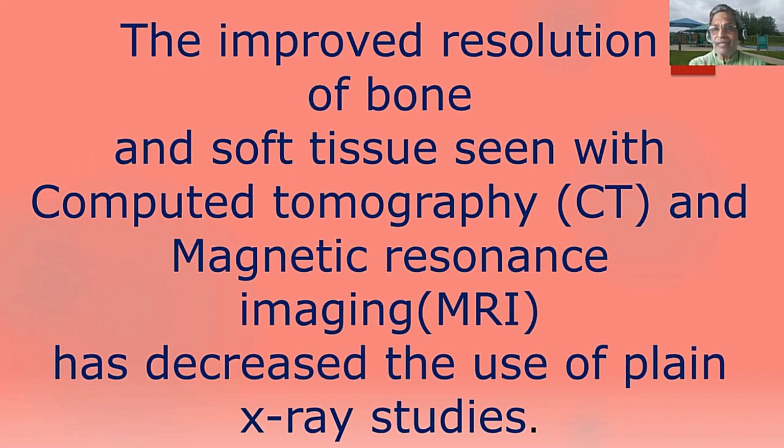That's why they have decreased the use of plain X-ray studies. Of course, we are not using it clinically. For exam purpose, yes, you are supposed to know everything about X-rays also: the different views, names, how they are taken, what the various things are. You are supposed to know everything.